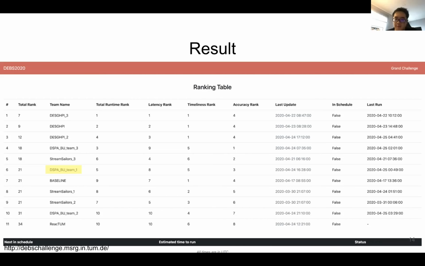I'll discuss this further in the discussion section. Our timeliness is also a bit longer because we are waiting for out of order events, whereas the baseline just drops them all, and there's a trade-off with accuracy here. Of course, I think we can optimize this even further, and I'll talk about this in the discussion.